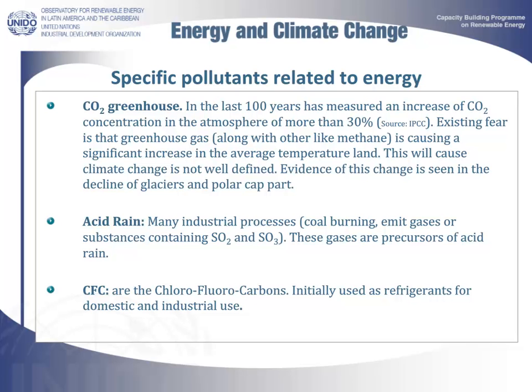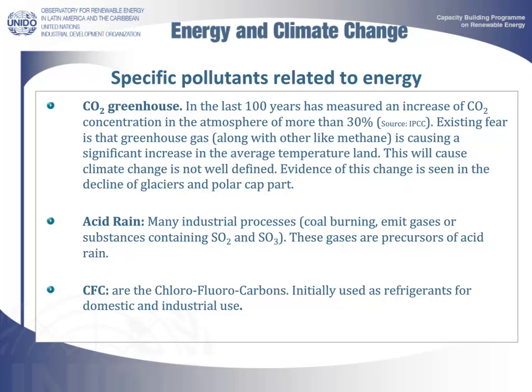The current fear is that this greenhouse gas, along with others such as methane, is causing a significant increase in the average temperature of the Earth. This will give rise to climate change, although the nature of such change has not yet been well defined. Evidence of this phenomenon can be seen in the shrinking of glaciers and the polar ice caps.